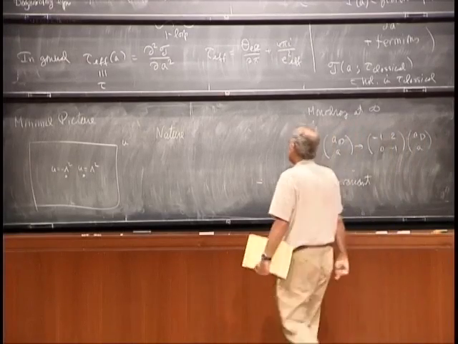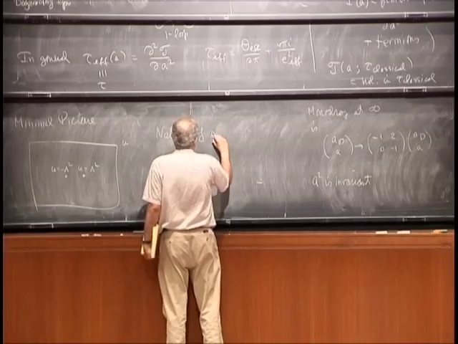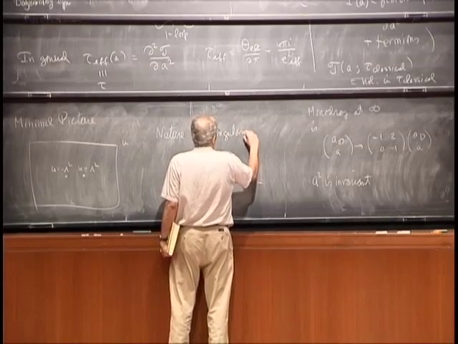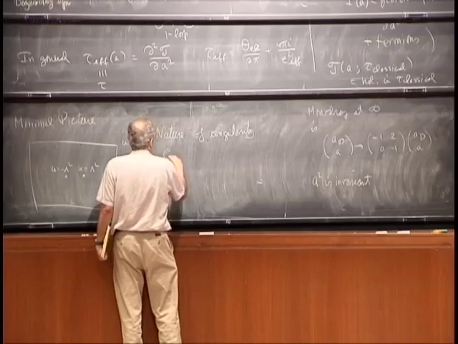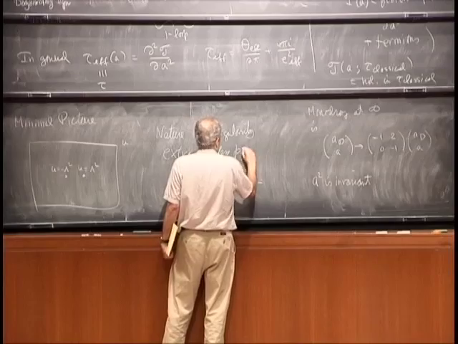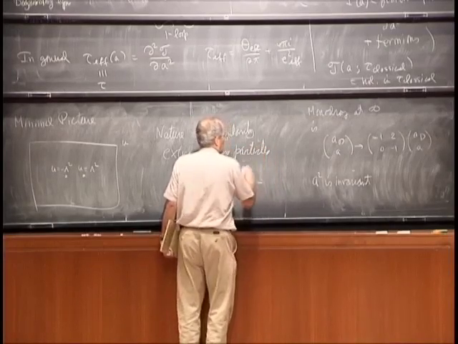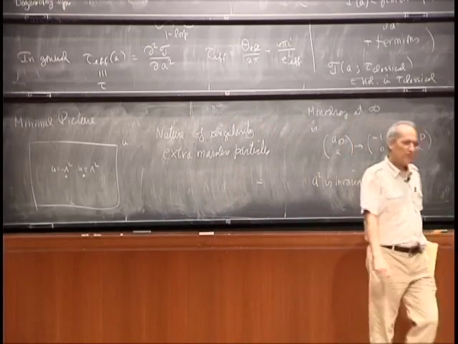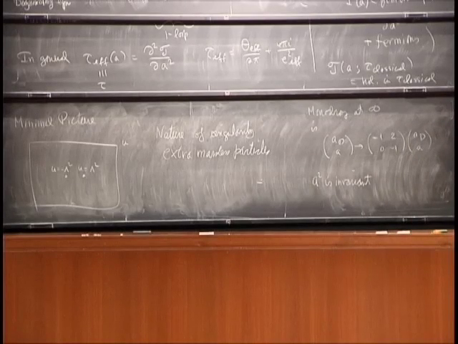So our proposal was that the nature of the singularity is that there are extra massless particles, and if there are extra massless particles, then, well, you have to include them in the low energy effective description, otherwise you have a bad description. So that would be why the description is bad at those points, and there would eventually be monodromies around them.